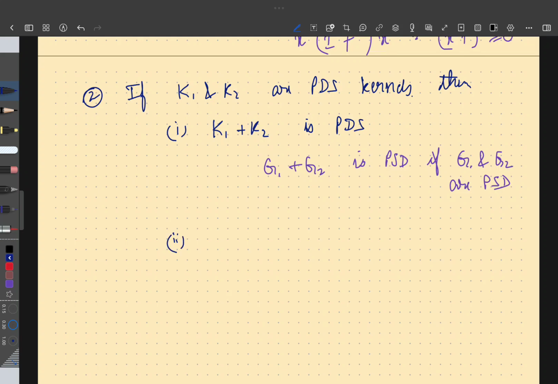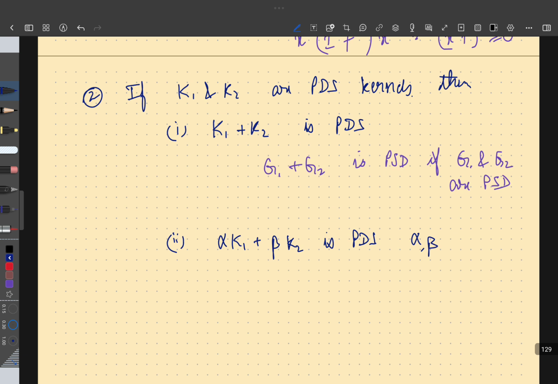Okay, so K1 plus K2 is guaranteed to be PDS. Similarly, alpha K1 plus beta K2 is PDS, but not for all alpha and beta. What would you require?